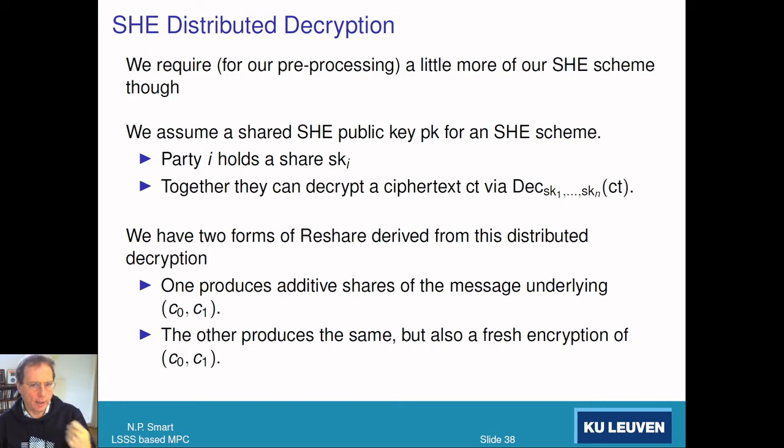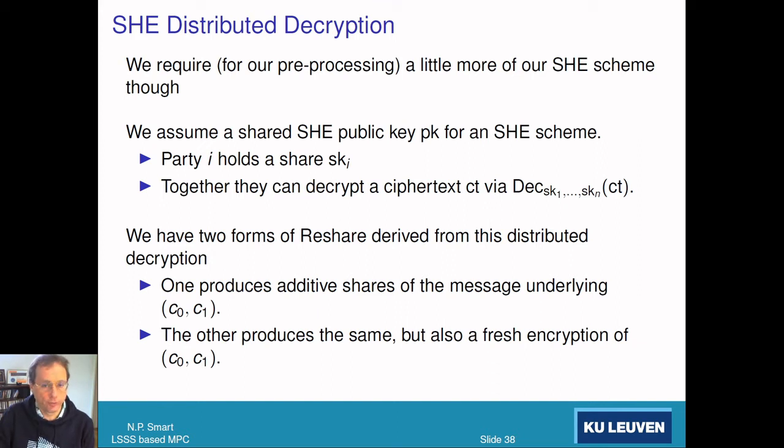So party 1 is going to have SK1, party 2 is going to have SK2. We have a procedure which allows us to decrypt a ciphertext: everybody knows the ciphertext, everybody puts in their secret key component, and then we output the underlying message. Then we're going to use this to do a form of resharing.